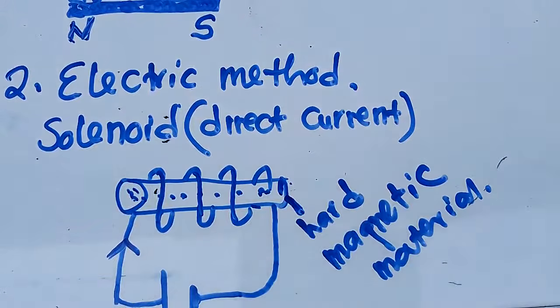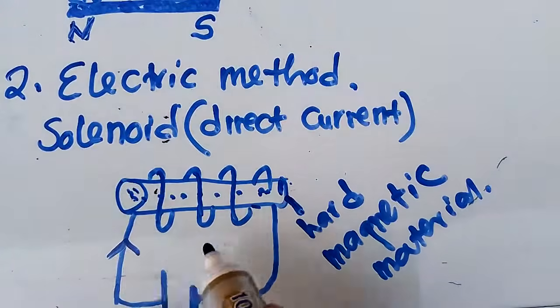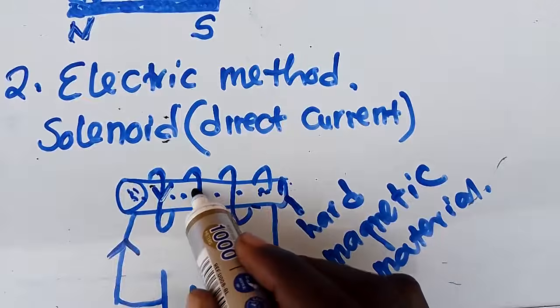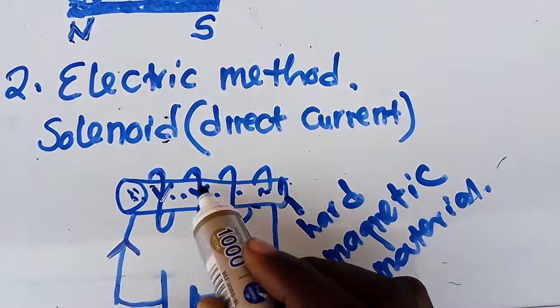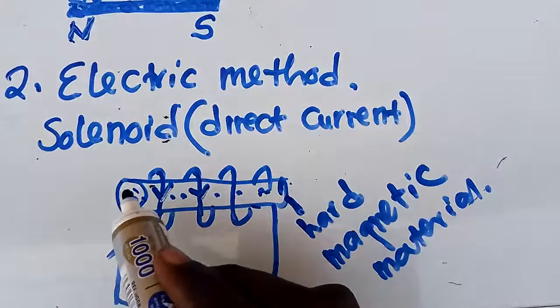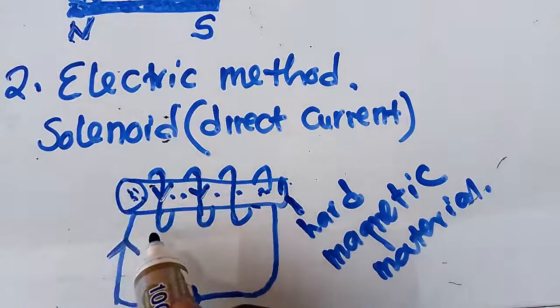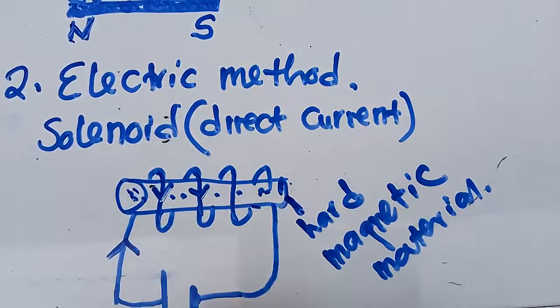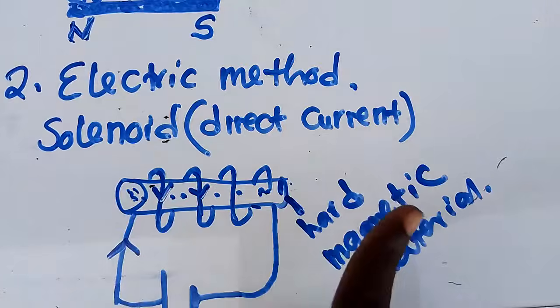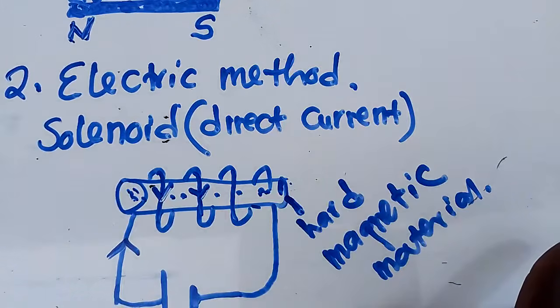What you need to understand is that as long as the current is moving this way, this one will be in that way, and this one will also be in that way. They are pointing this side, this is the side where they are going.